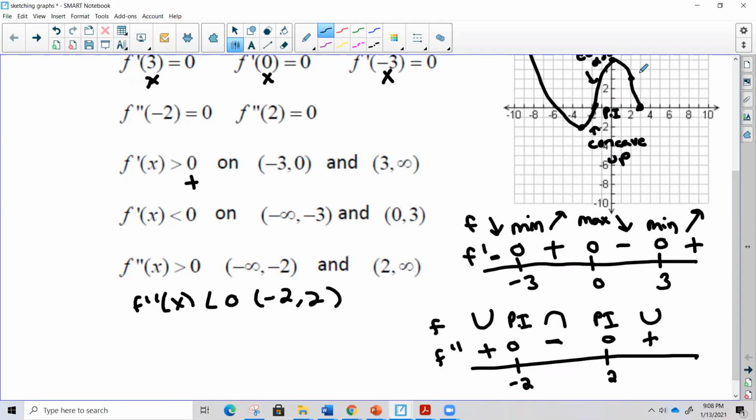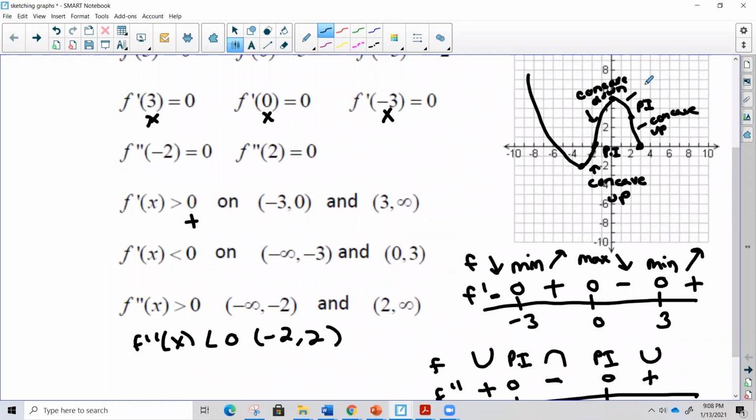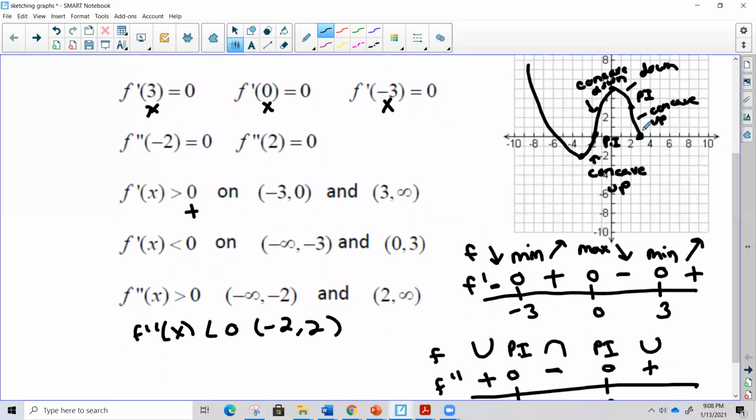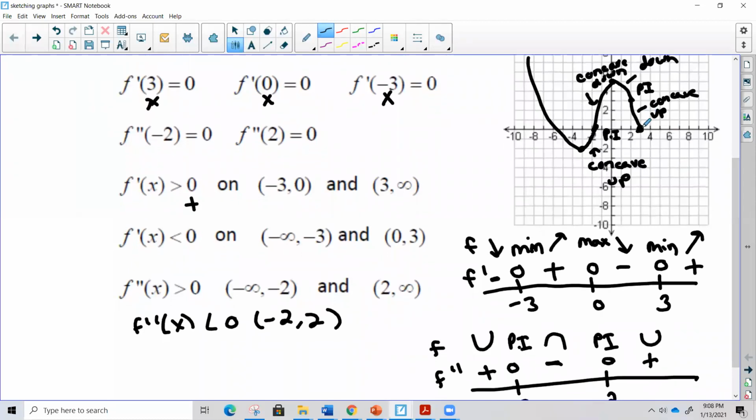Again, what I would do at this point is write PI and then make sure you note this is concave up, or you could just put up instead of concave so that I know. And at 3, which is where we're at, it is a min. So now I need to start increasing and be concave up the rest of the way. So I just keep going, increasing and concave up.